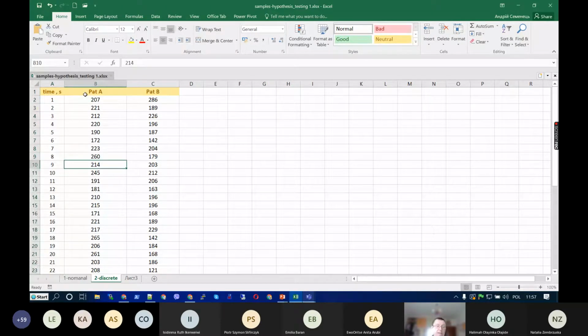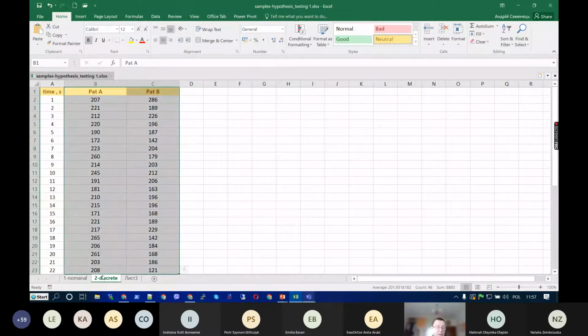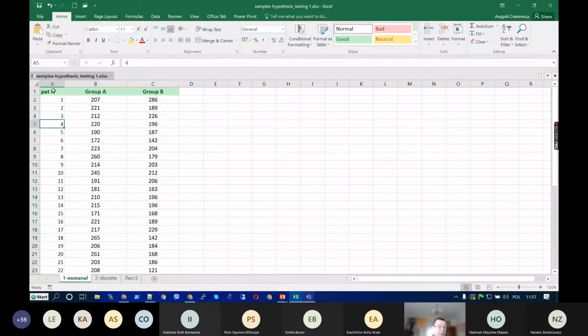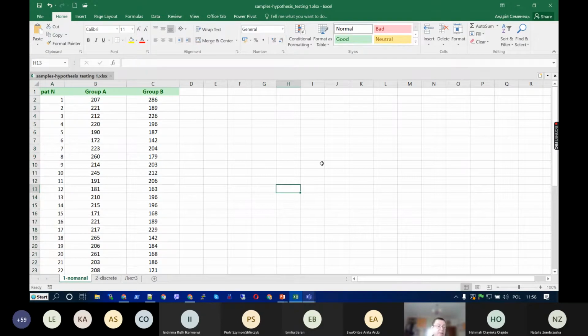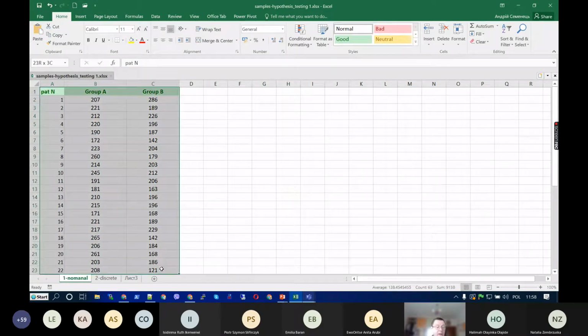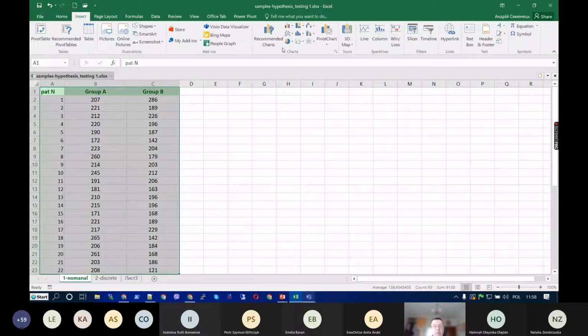And my dependent variable will also be a discrete data type. So here we have nominal, probably, independent variable, and here we have an example of how it will look for discrete variables.